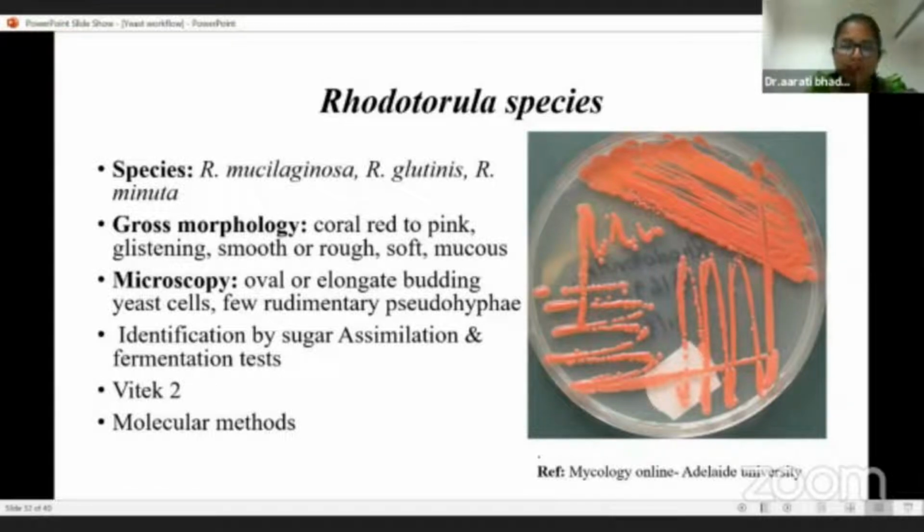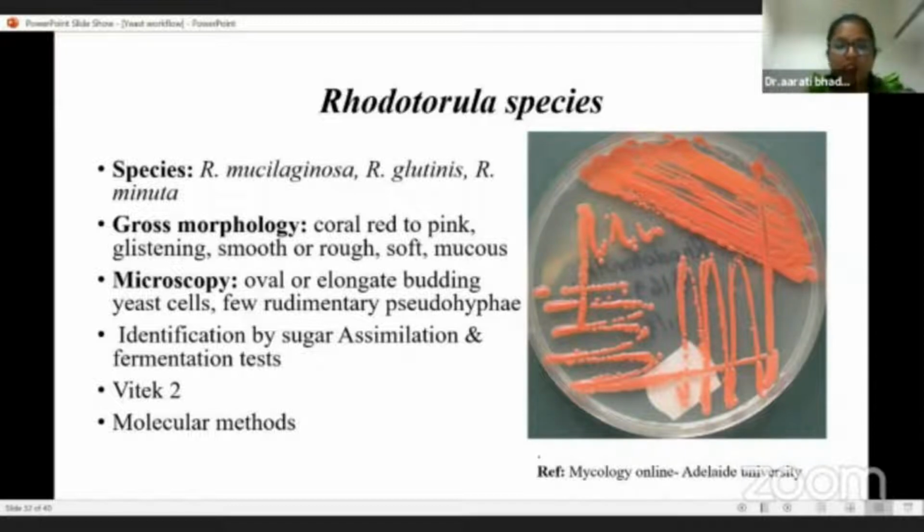In the Rhodotorula species, how we will diagnose: first with the color of the pigment, and then budding yeast cells will be seen, and we can do identification by the sugar assimilation and fermentation tests. Hence, the Vitek 2 system will give correct diagnosis of Rhodotorula, and molecular methods also can be used for diagnosis.